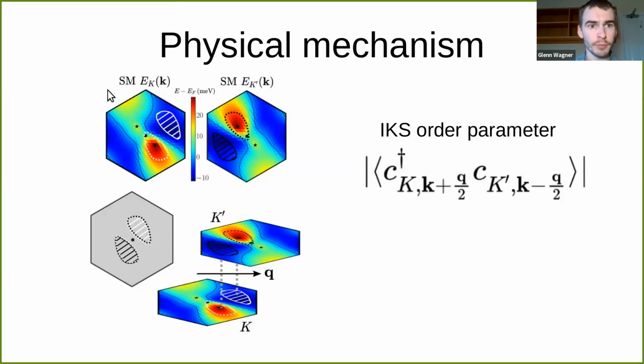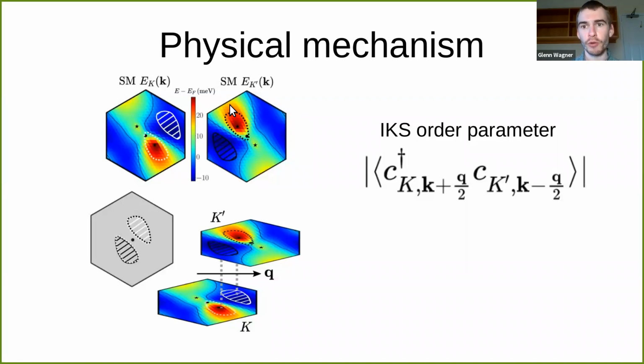So here I'm plotting the band structure in valley K, and here the band structure in valley K primed. Let's think about half filling this Brillouin zone with electrons. We're going to want to fill in the electrons in the low energy regions, of course, and avoid these high energy lobes.